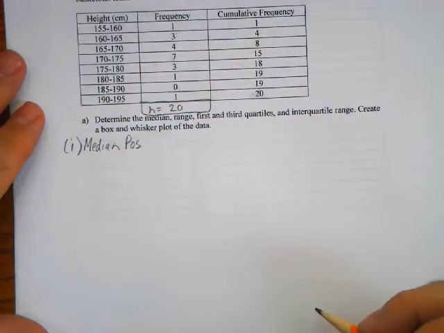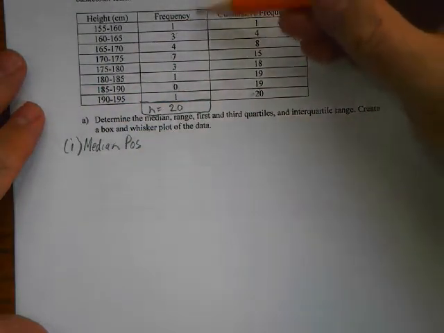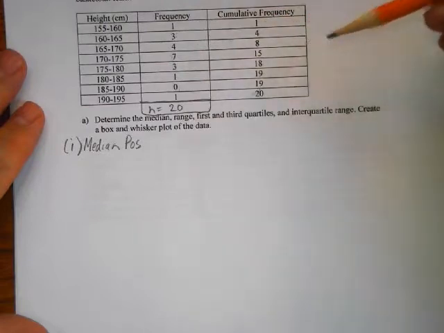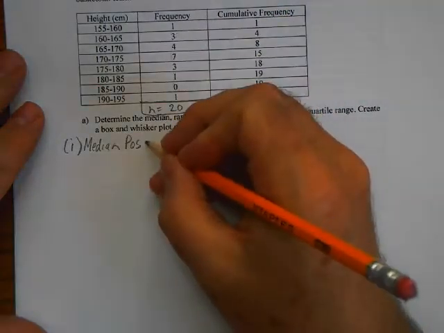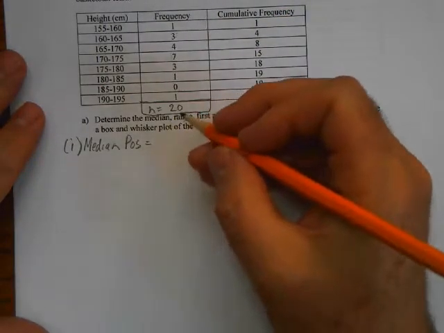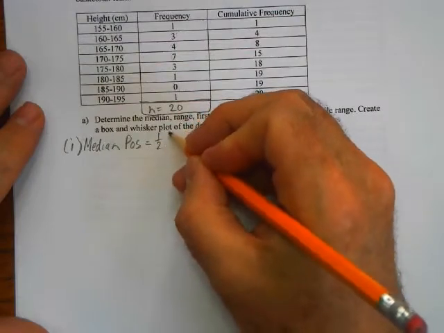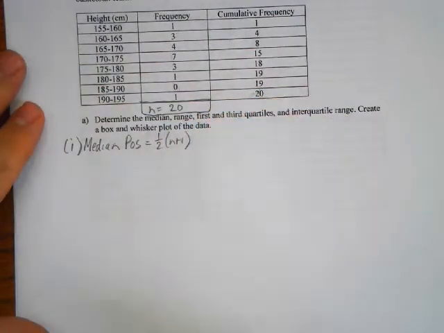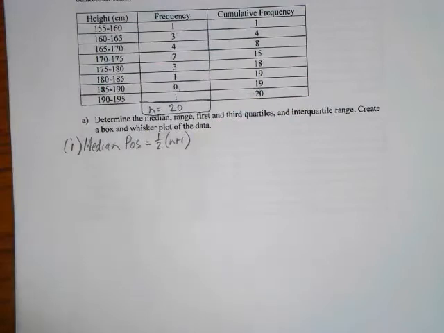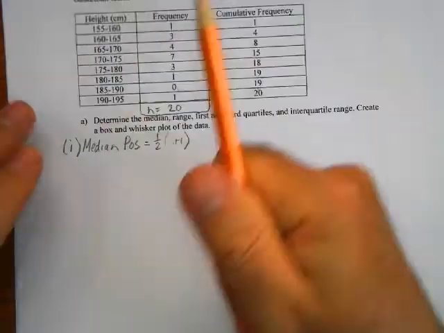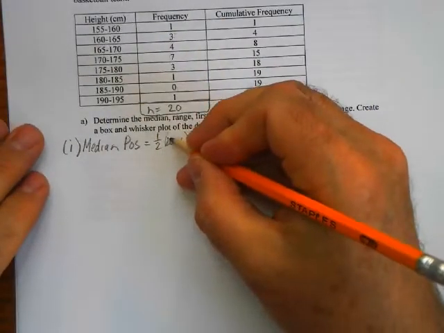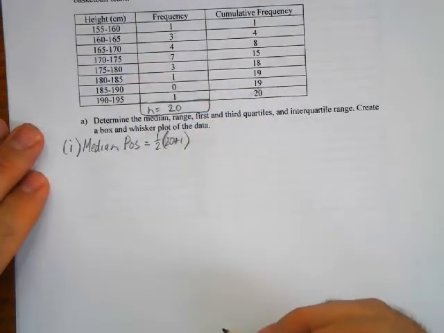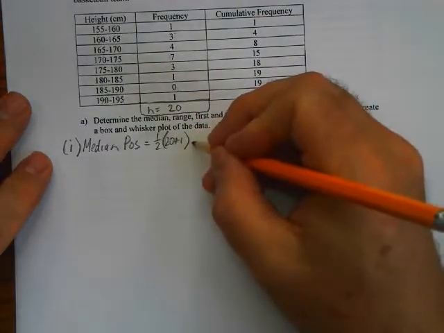It won't be the actual median, but how far down the list we look for the median. If you remember, the formula for Q2, or the median, was 1/2 of n plus 1. So I might as well just put the 20 in, save some room. So 1/2 of 20 plus 1 is 21. Half of 21 is 10.5.